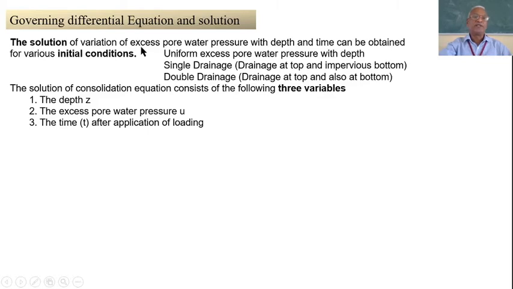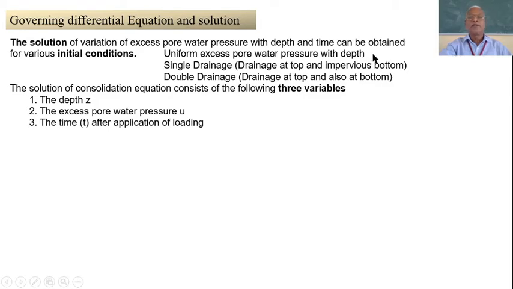So in one sentence everything is told: U, T and Z. It can be obtained for various initial conditions. Now, what is the initial condition? Uniform excess pore water pressure with the depth.